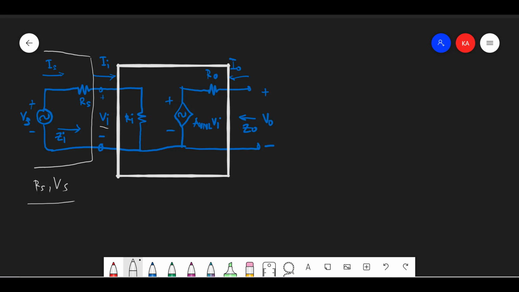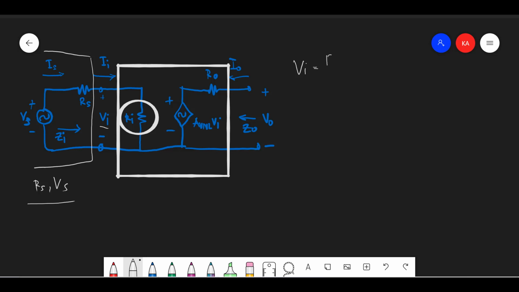But here we have another connection at the input, so Vi is like a voltage divider with the input resistor Ri and Rs. Before, we saw a voltage divider on the output side because we connected the load resistor. But here on the input side, if we connect the source resistance, we have another voltage divider at the input.